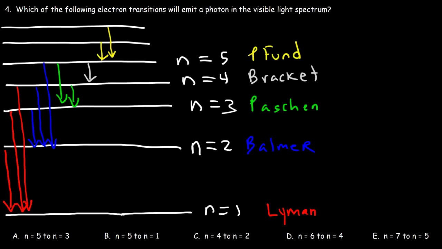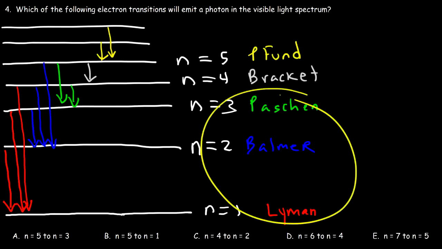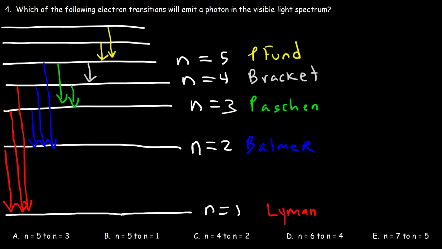Now, the most common ones that you're going to deal with are the first three. Your teacher may expect you to know all 5, but typically you're probably going to be tested on the first three if you have to choose which ones you're going to memorize. Now, here's what you need to know. The Lyman series is associated with the ultraviolet spectrum.